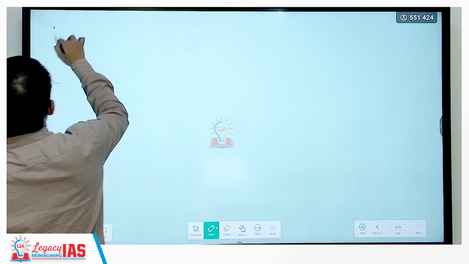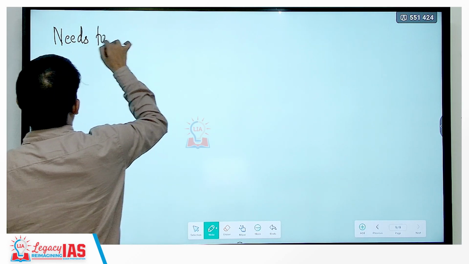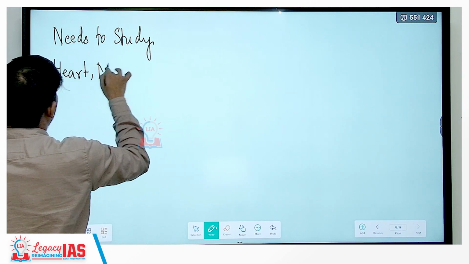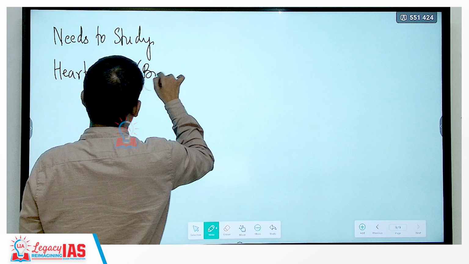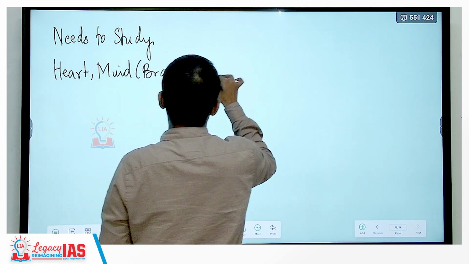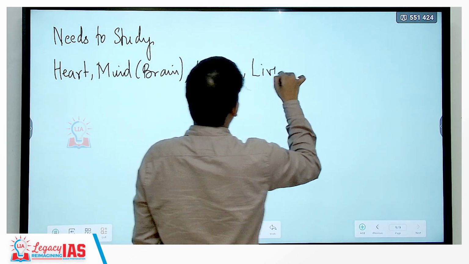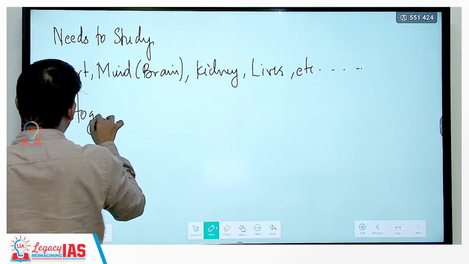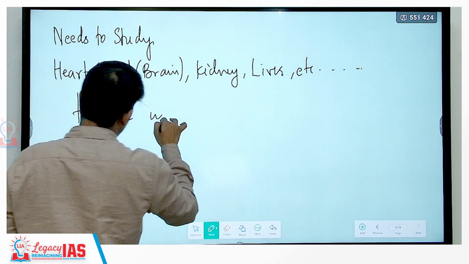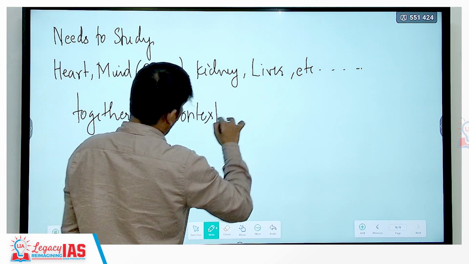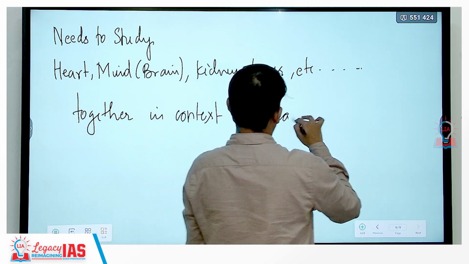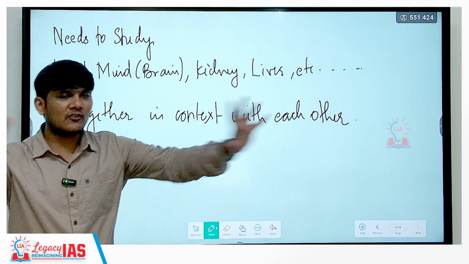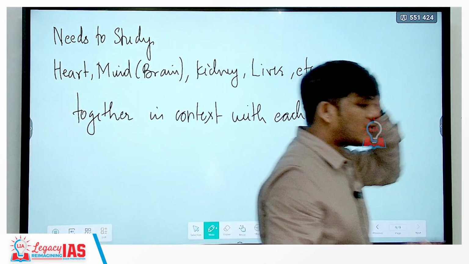The biologist needs to study heart, mind, that is brain, kidney, liver, whatever you can think of, etc., together, in context with each other. Okay, all these things need to be studied together in context with each other.